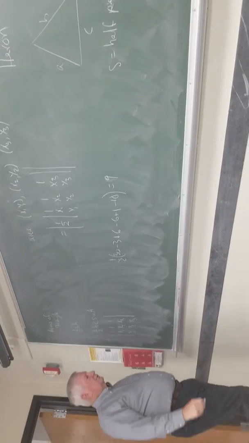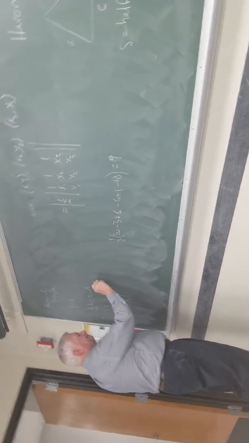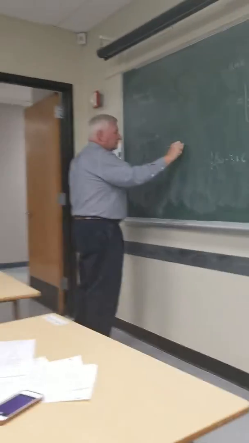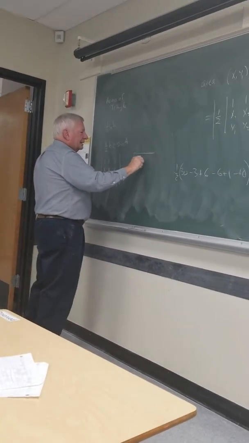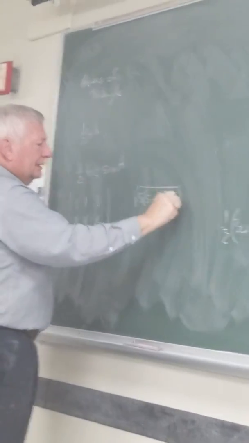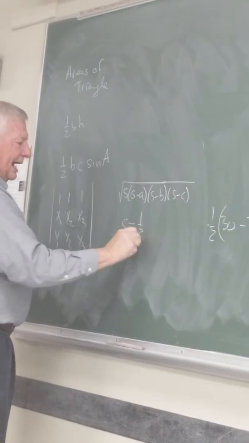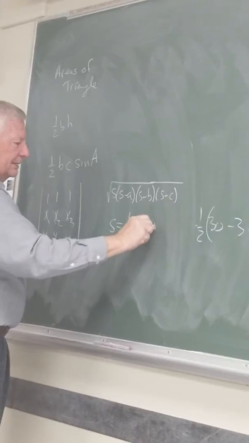And then we had Heron's formula, which is the square root of s times s minus a times s minus b times s minus c, where s is 1/2 of a plus b plus c.